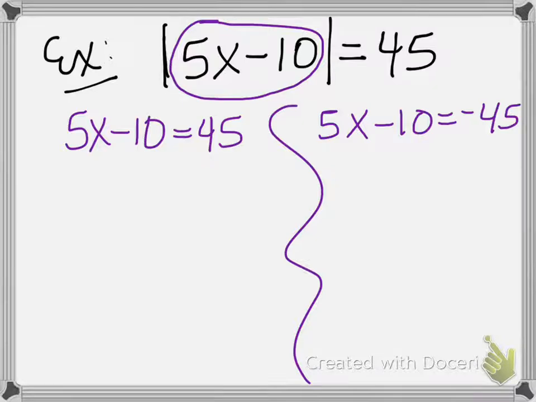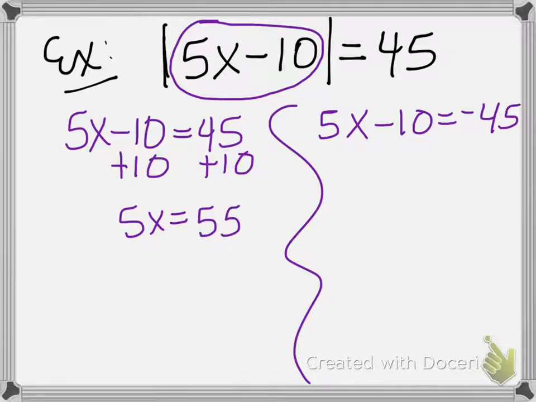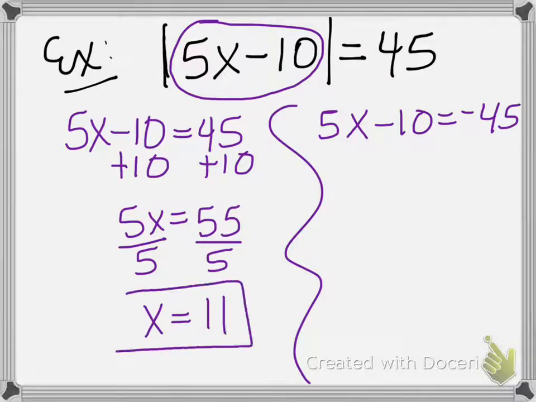Solving each equation, on the left side I say +10 and +10, so 5x equals 55. And then I want x to be by itself, so I divide by 5. And so one of my solutions is x equals 11.